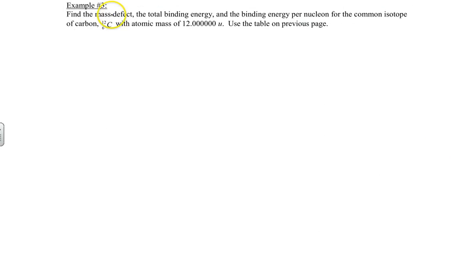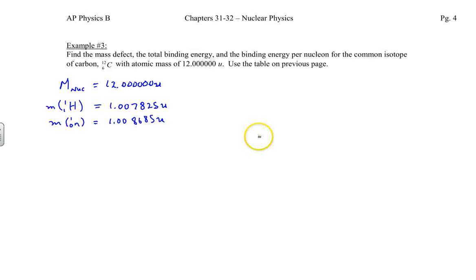In example 3, we're asked to find the mass defect, the total binding energy, and the binding energy per nucleon of the common isotope carbon-12. So let's write down the given information. Here's the mass of the carbon-12 atom, and it's 12.000 atomic mass units. We're using the hydrogen atom actually, because the hydrogen atom has a proton and an electron included in this mass, as opposed to just using the proton.